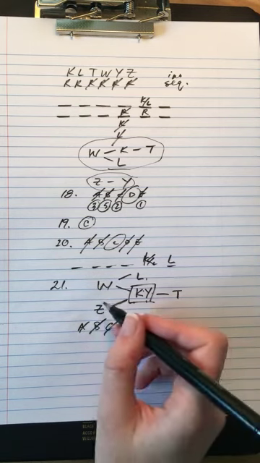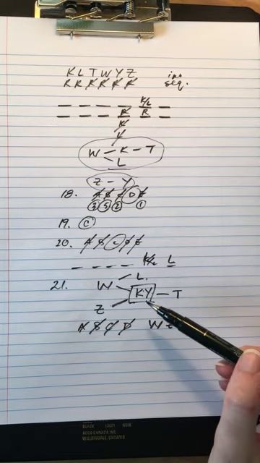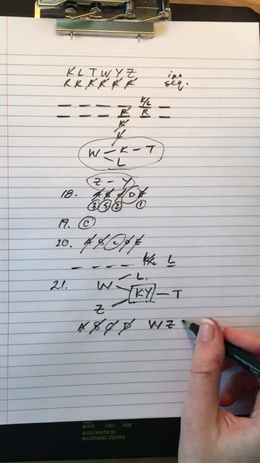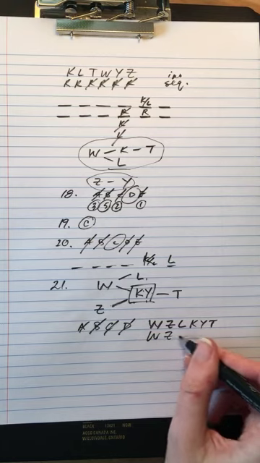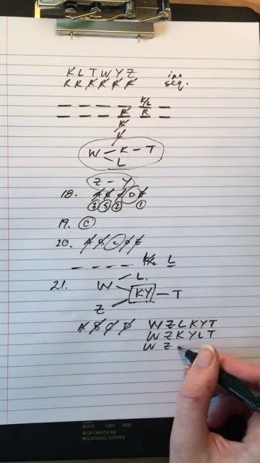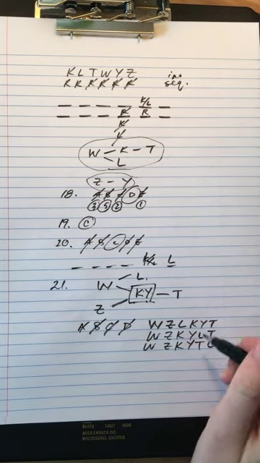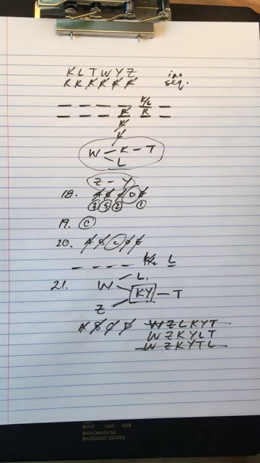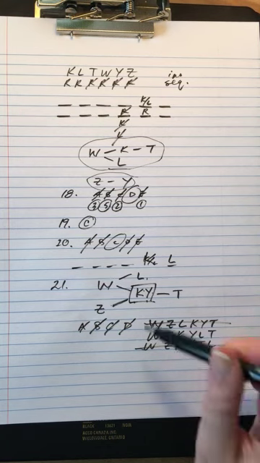So Z second. Yes, that is possible. So W would be first, then Z. And then we could have L jump in. That's possible. So we could have W, Z, L, K, Y, T, or we could have W, Z, K, Y, L, T, or W, Z, K, Y, T, L. It's possible, except we can't have either of these because K or L has to be fifth.